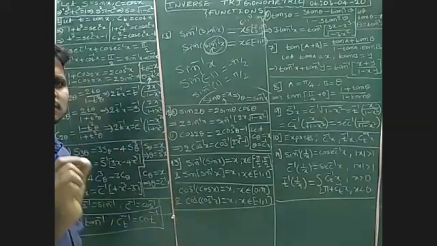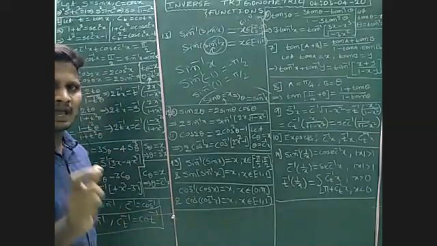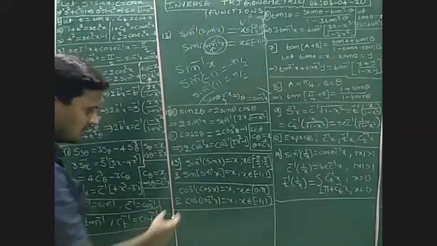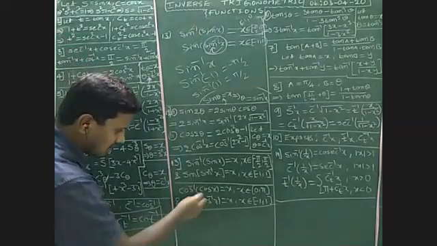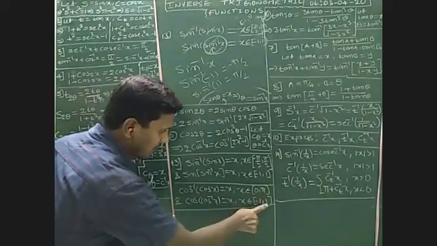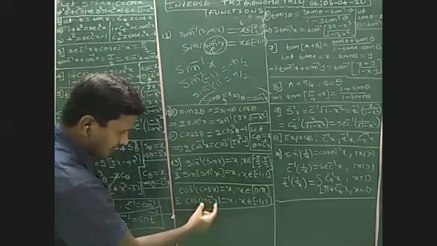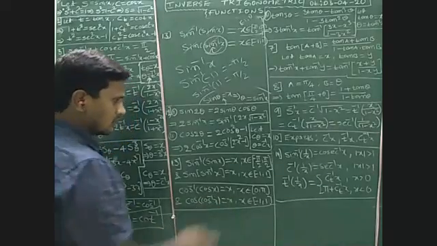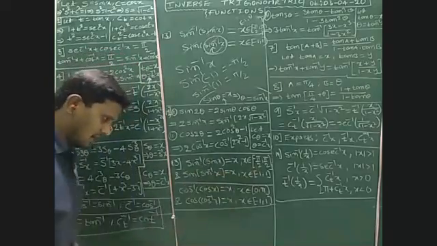You must remember all the principal value branches of inverse trigonometric functions. Cos of cos inverse cancels, and this is equal to x. X must belong to minus 1 to 1. Inverse means it will take minus 1 to plus 1. So this is very, very important.